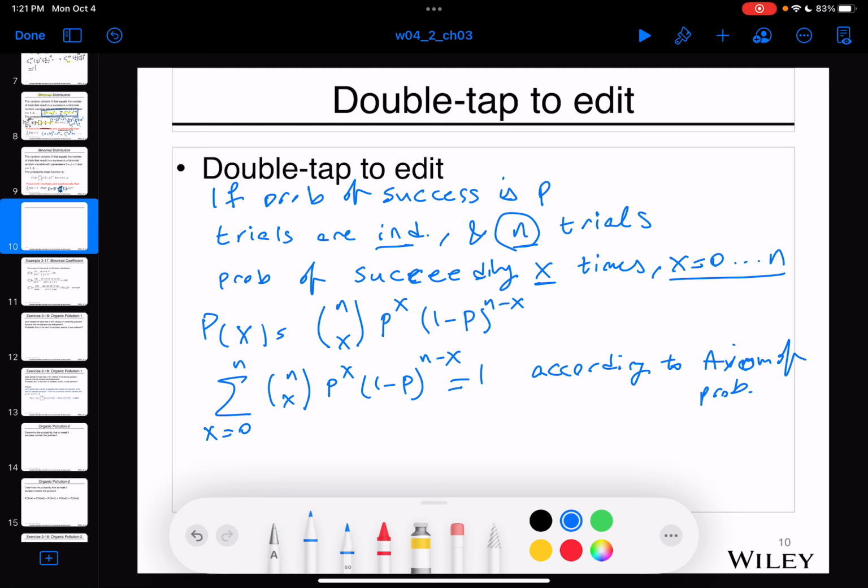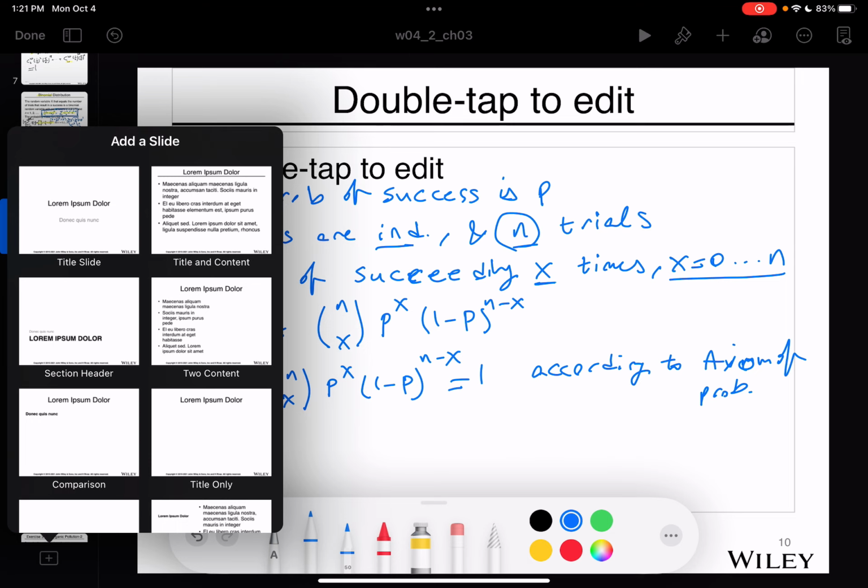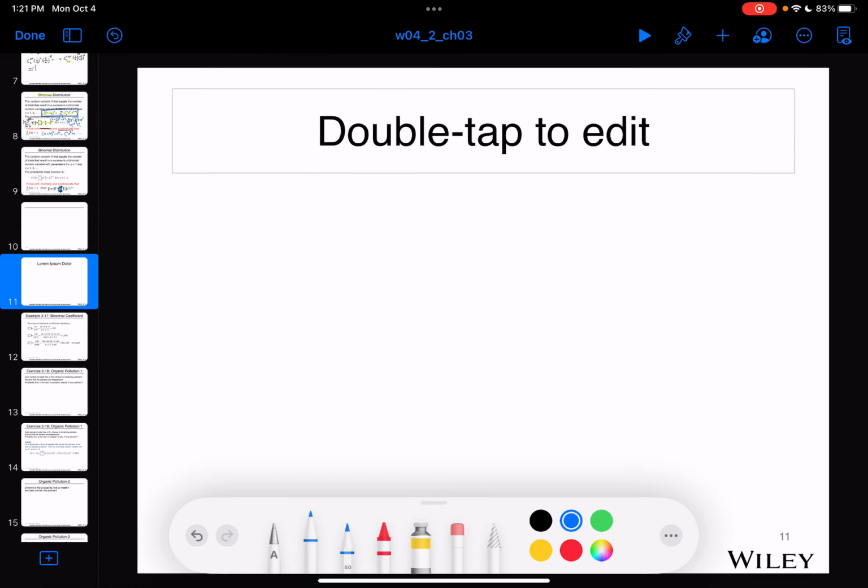But another proof is the algebraic proof, right? And the algebraic proof comes from the binomial theorem, right?